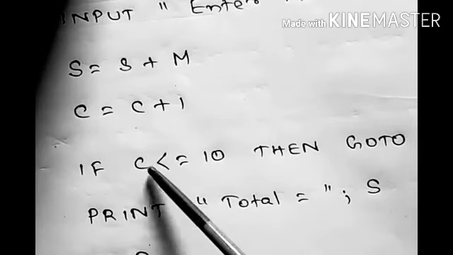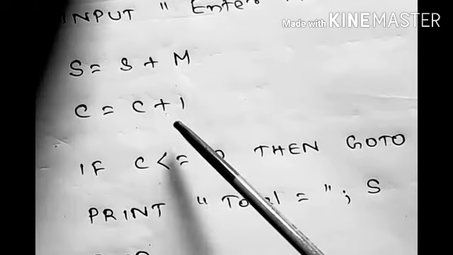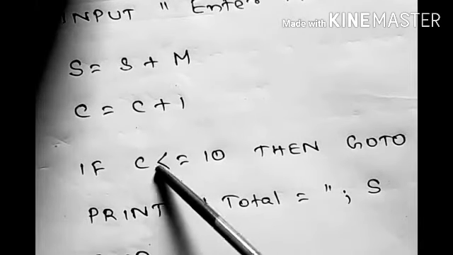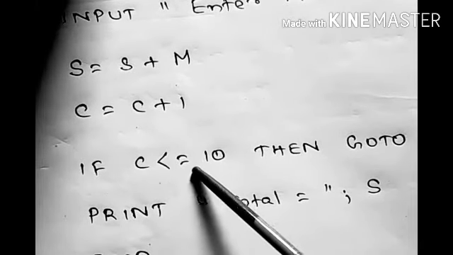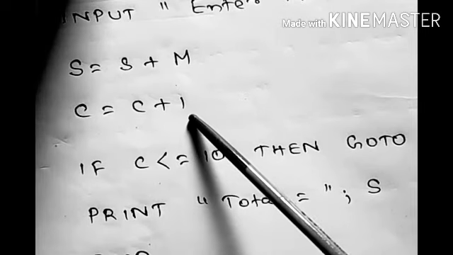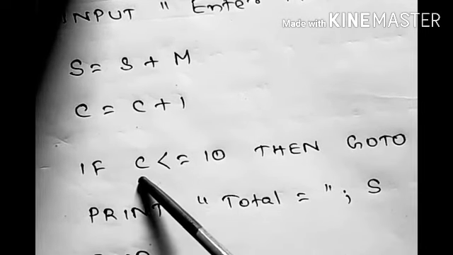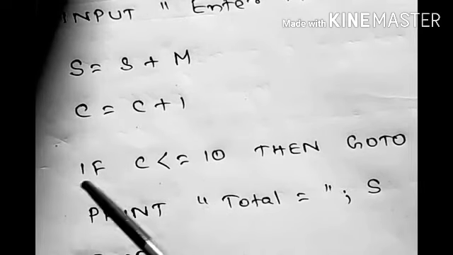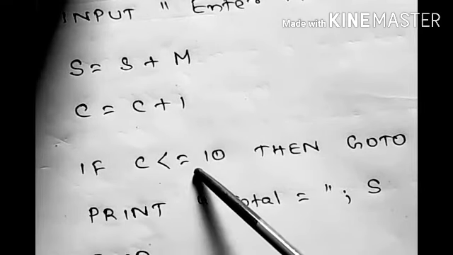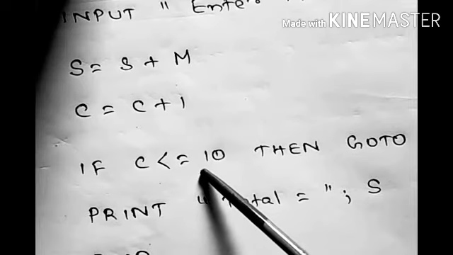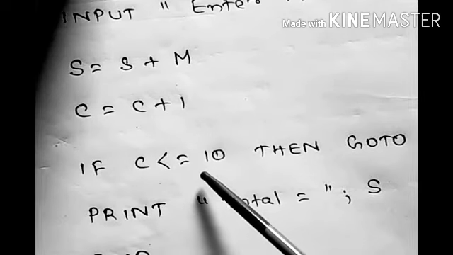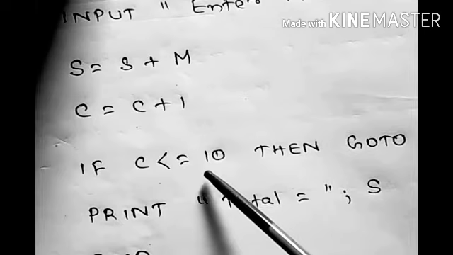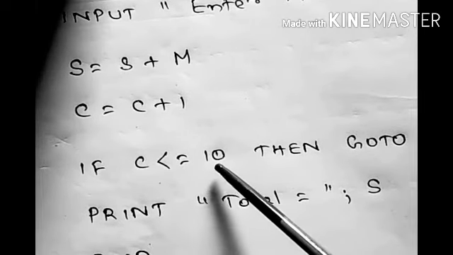For this reason a counter is used, because each time it will count and check how many times the process has repeated, and according to that counting we can set a condition with the help of an if statement, and we can keep a check on the limit of the number of times for execution.